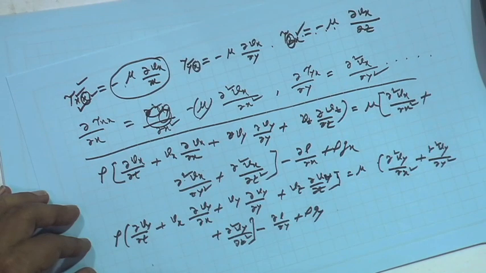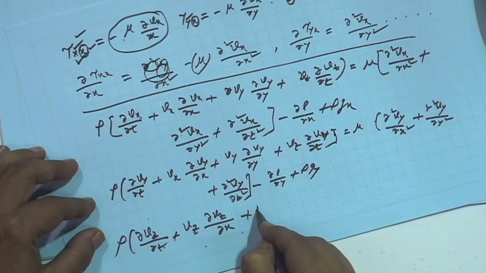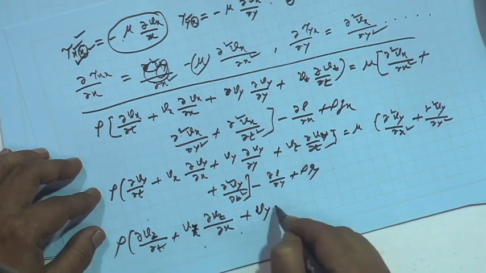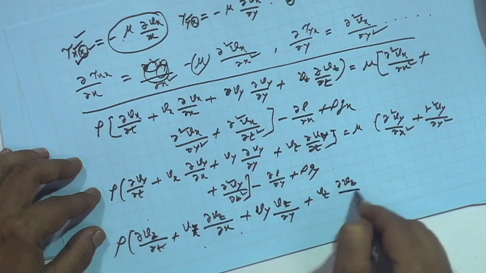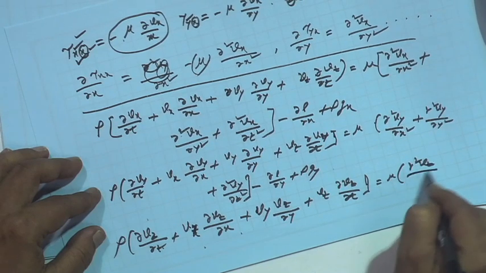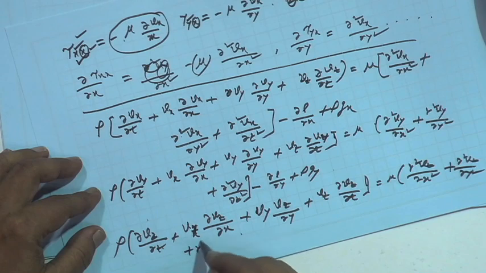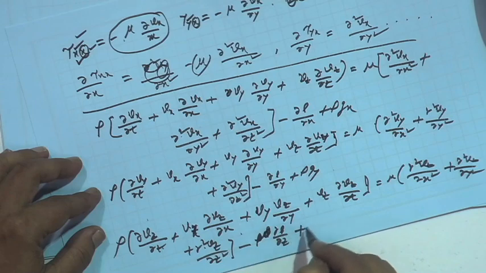And for the z component similarly, del Vz del t plus Vx del Vz del x plus Vy del Vz del y plus Vz del Vz del z equals mu times del 2 Vz del x square plus del 2 Vz del y square plus del 2 Vz del z square, minus del p del z plus rho gz.